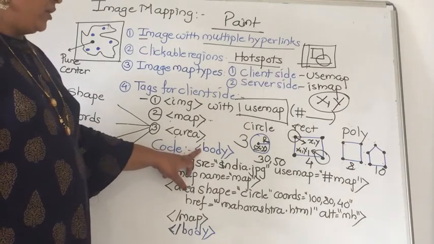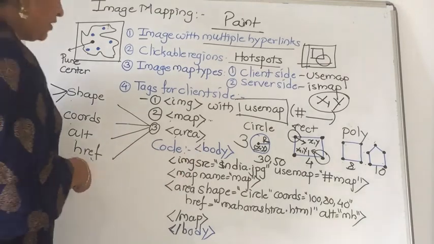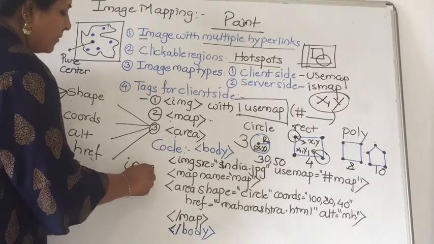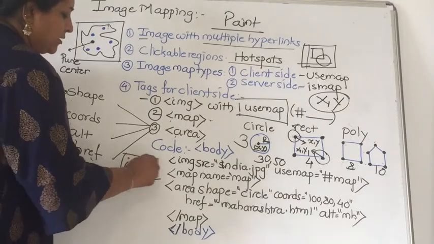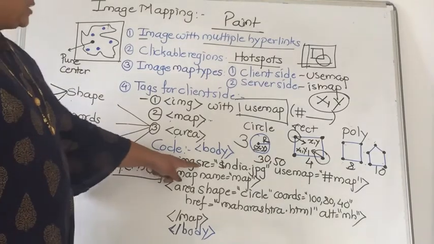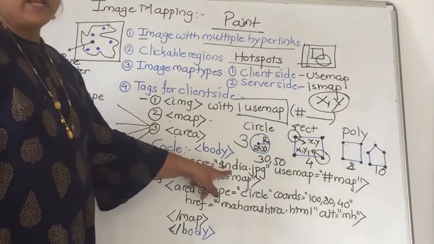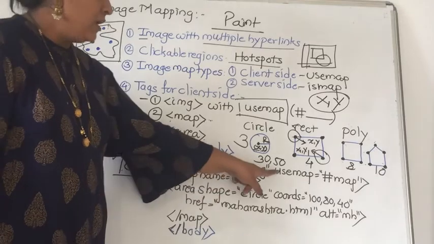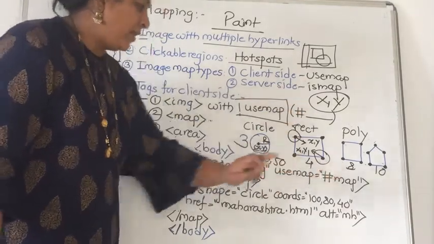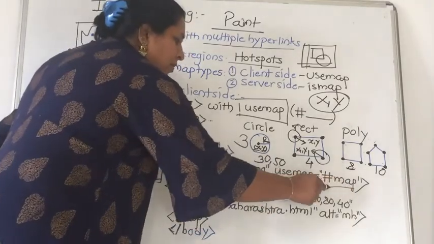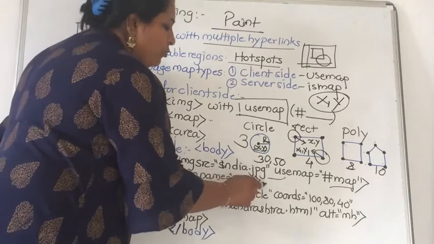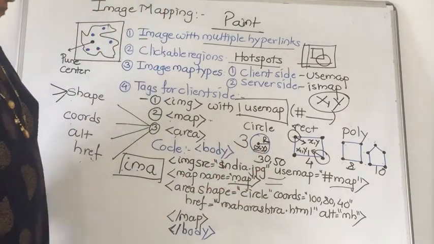So start with body. How will you remember the sequence? There is a short word to remember it, IMA, that is image, map, area. So img src is equal to india.jpg. Use map is equal to, as I told earlier, hash map. Then the same name here and here you will use map name equal to map to match the coordinates.